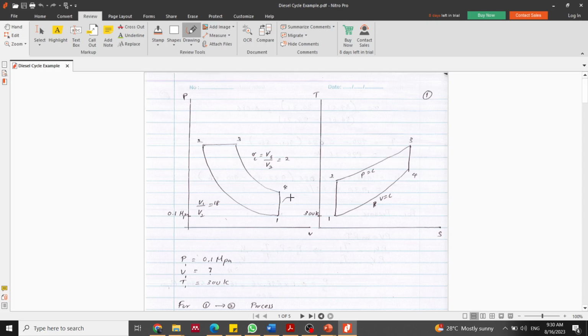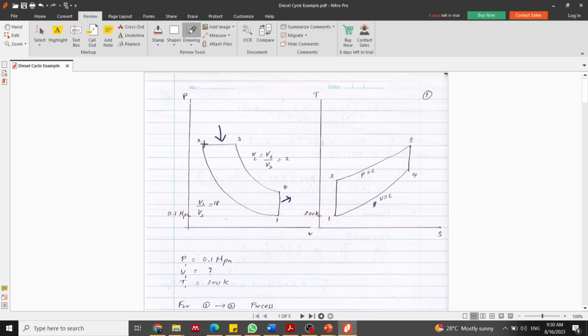So we have Q out here, and we have Q in here. Then this is where the work in is, and we have work out from 2 to 3 and 3 to 4.